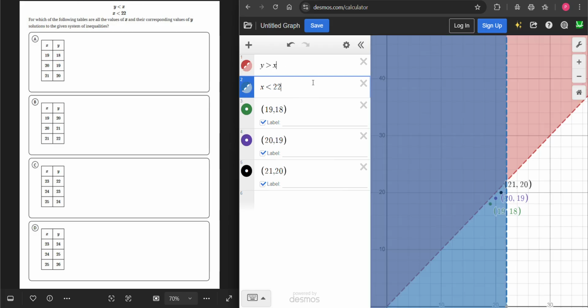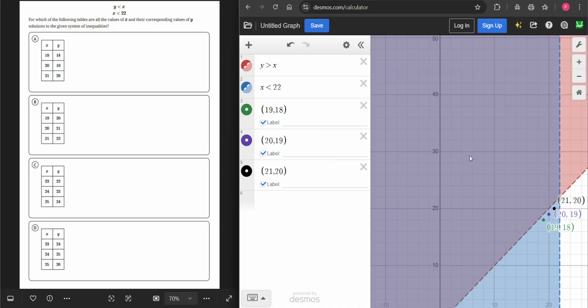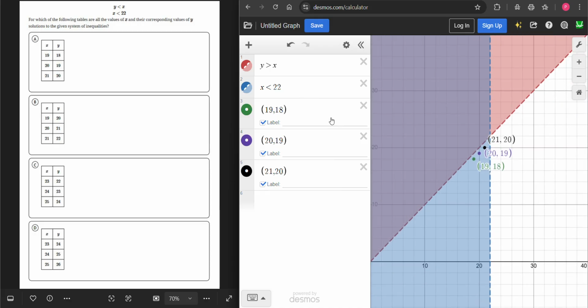These two given functions combine to give us this region. So we have to make sure that one of these sets of coordinates actually lies in this area. We have to find which one.